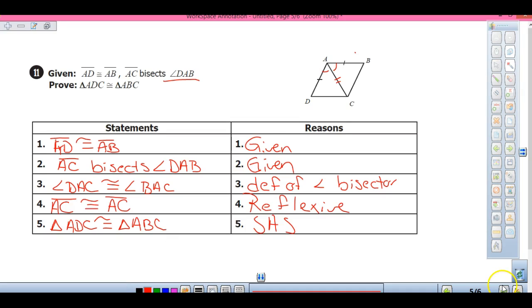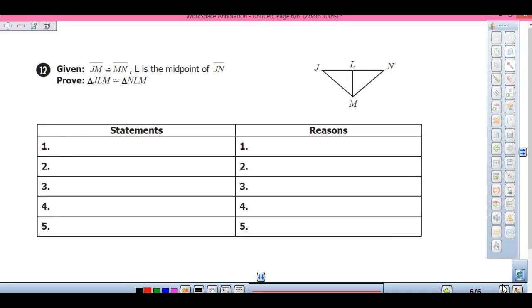Okay, one more. We have JM is congruent to NM. JM is congruent to MN. Given, we have L is the midpoint of JN. Given. So, based off of L is the midpoint of JN, what can we say? Good.